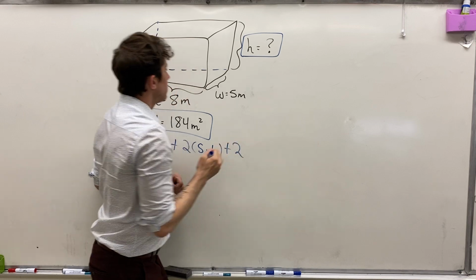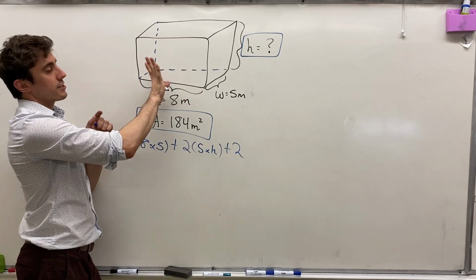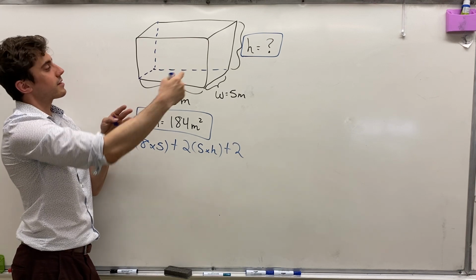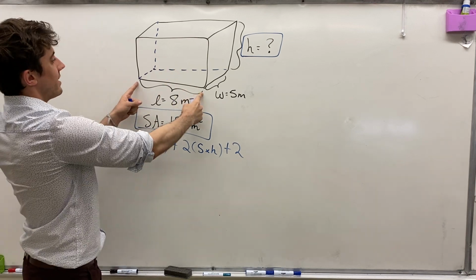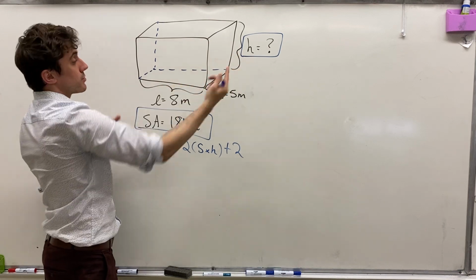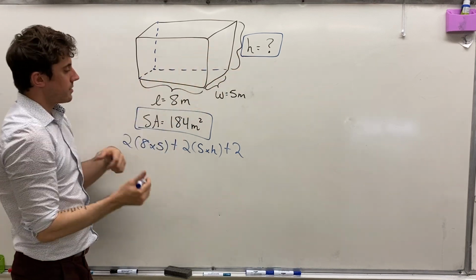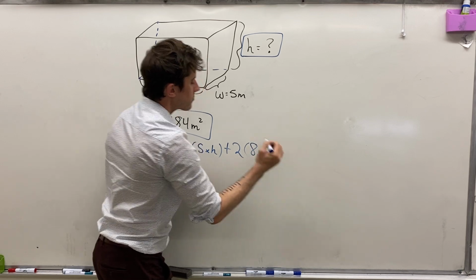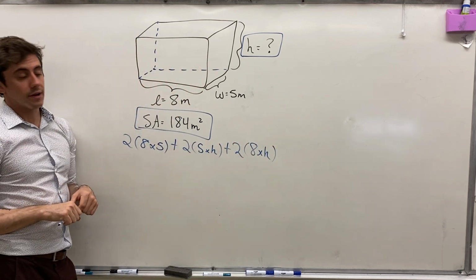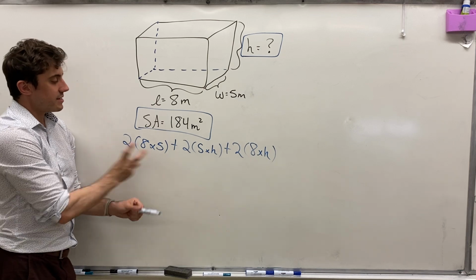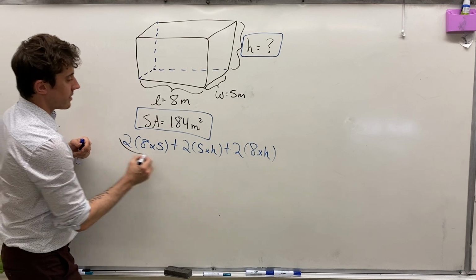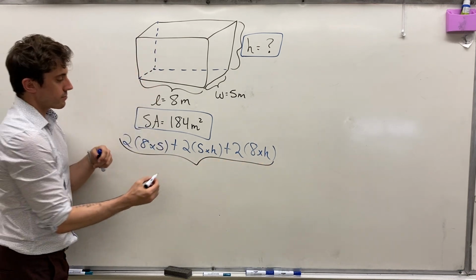And lastly, we can now take the front surface and the back surface, the 2 congruent rectangles in the front and the back. Both of those would have dimensions 8 and h, and so the area of each would be 8 times h, and so 2 bracket 8 times h, okay? And this is an expression for the surface area of our rectangular prism, right?